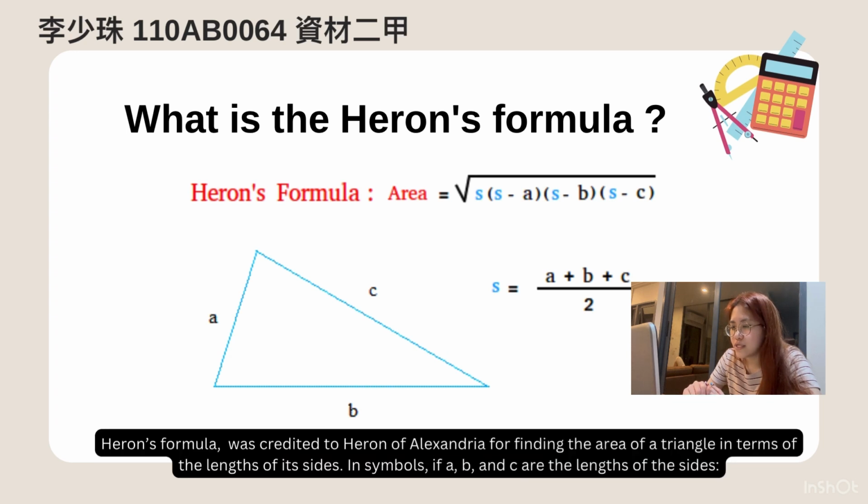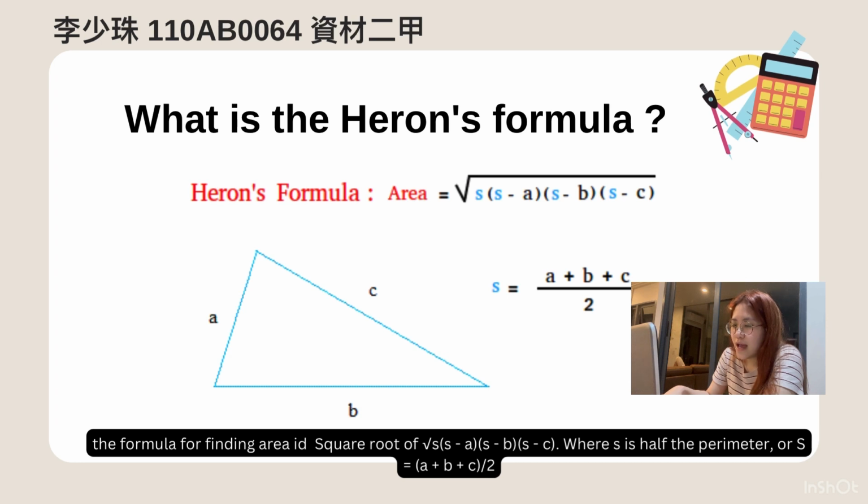Heron formula was credited to Heron of Alexandria for finding the area of a triangle in terms of the lengths of its sides. In symbols, if A, B, and C are the lengths of the three sides, the formula for finding the area is the square root of S times (S minus A) times (S minus B) times (S minus C), where the half perimeter S is equal to (A plus B plus C) divided by 2.